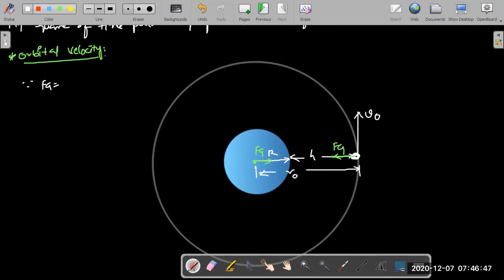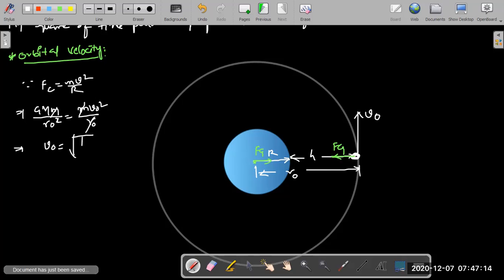Since Fc is equal to mv square by r for circular motion, this will be Fg, that is G capital M small m by r naught square, equal to m v naught square by r naught. So from this you can cancel the small m, and r naught gets cancelled. So v naught is equal to root of G capital M by r naught. Clear? So this is what is called orbital velocity.